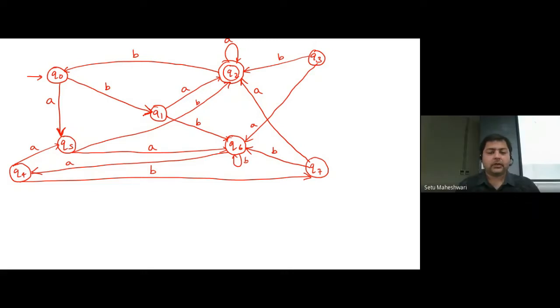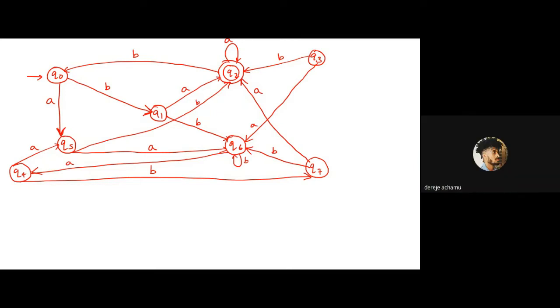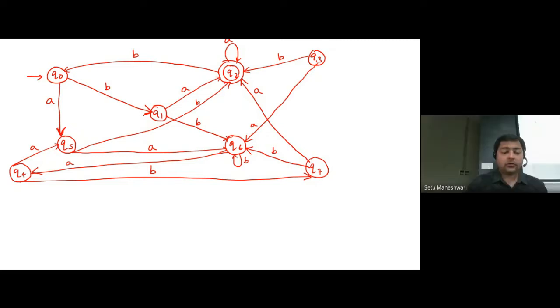Yeah, fine. Okay. So tell me, which one is the unreachable state from here? Q2. How Q2? Just read the definition of unreachable state and then tell me why Q2 should be. Read the definition you must be having in your notes.